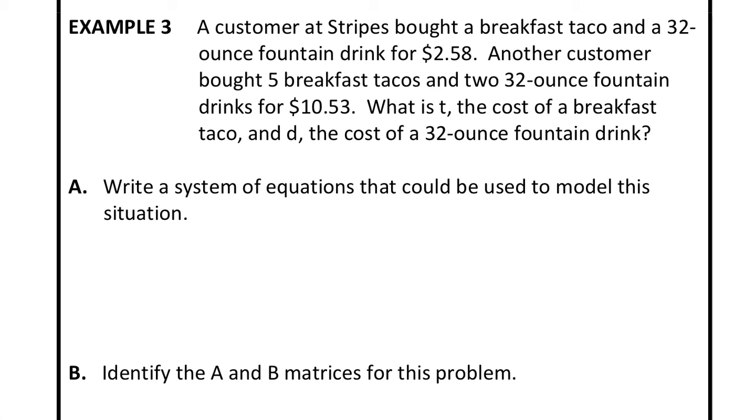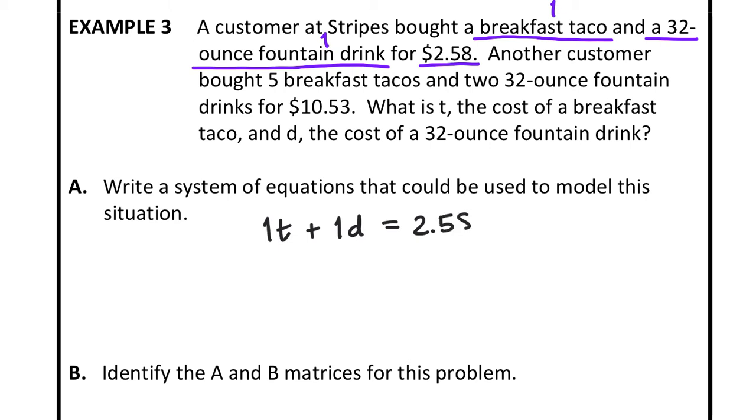So they bought one taco and one fountain drink, and it cost them this much. So I can write an equation like one taco plus one drink came out to or equal to $2.58.